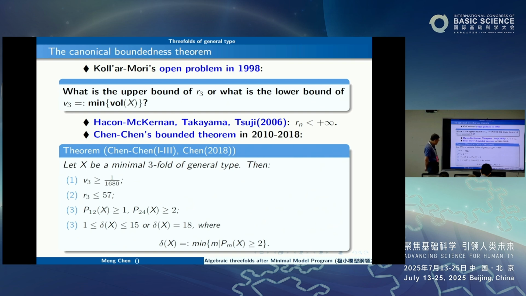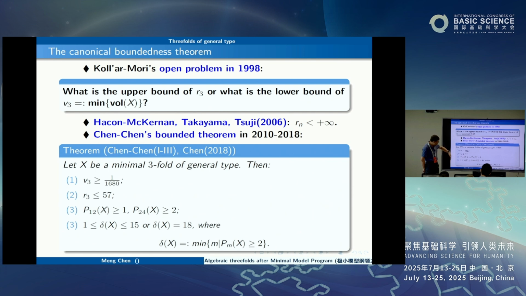We also found some new invariants, say delta_X. A threefold of general type can be divided into 18 classes according to this delta index. When the delta index is larger than 13, it is completely classified, and we have a list of all possible numerical invariants.